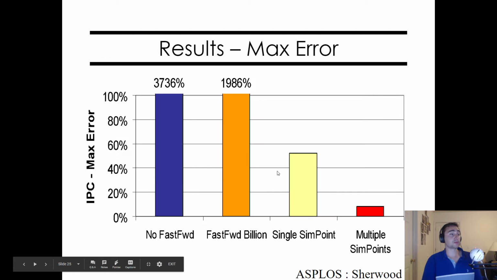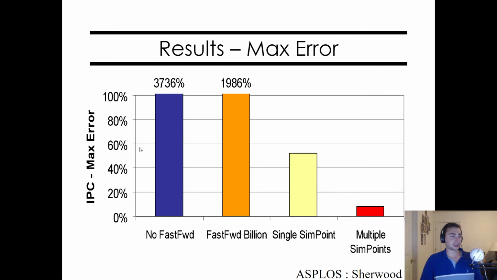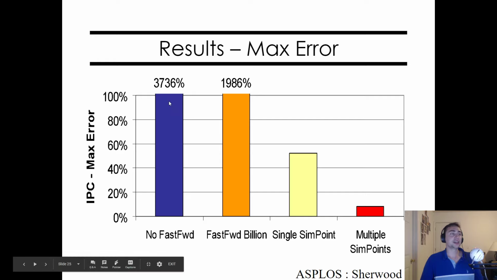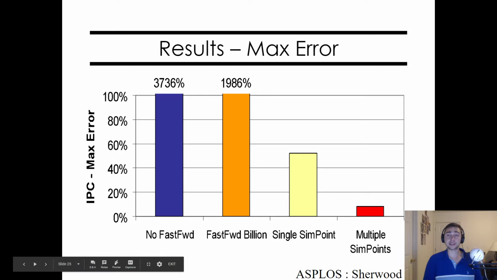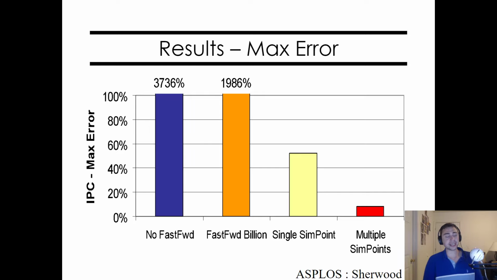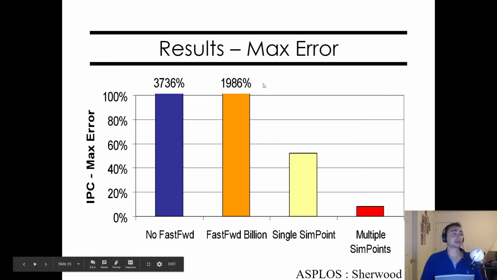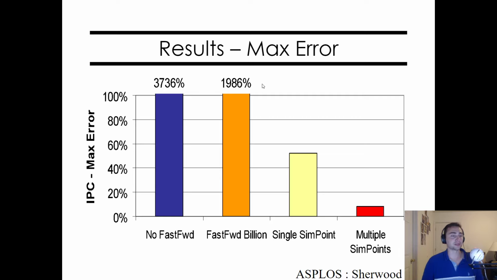Then you see as far as max error goes, of course, up here at no fast forwarding, you're at a huge, huge difference. So up to 3.7K% off the IPC. Fast forwarding a billion instructions fixes it a little bit by getting rid of any of the startup penalties that you face, getting it down to a modest 1.9, about 2,000%.